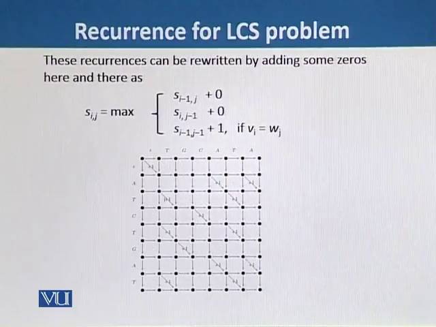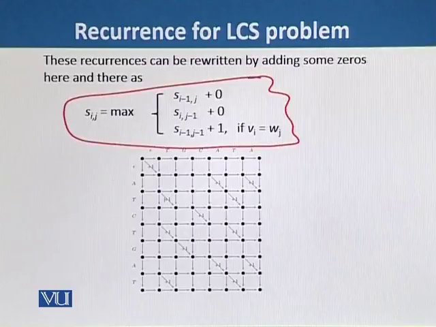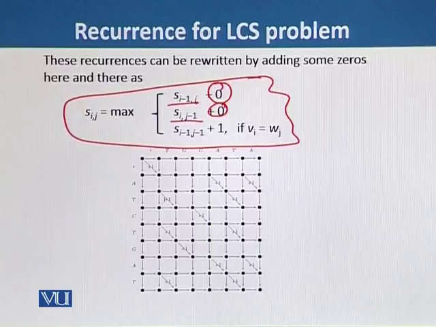Similarly, this is the same equation, and we have added 0 after this equation. Otherwise, the equation is almost identical. We added the 0 because the recurrence for the LCS computation is like the recurrence we have already seen in the Manhattan problem.